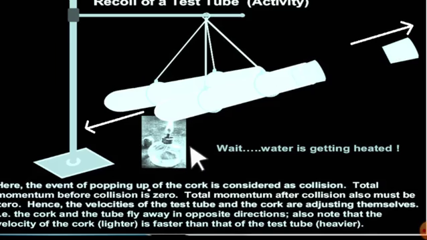And then if you heat the water at the bottom using your spirit lamp, then after boiling, the gases will be coming out, and this cork will be pushed outward with a pop sound.